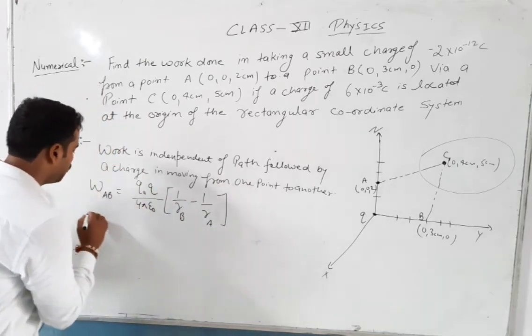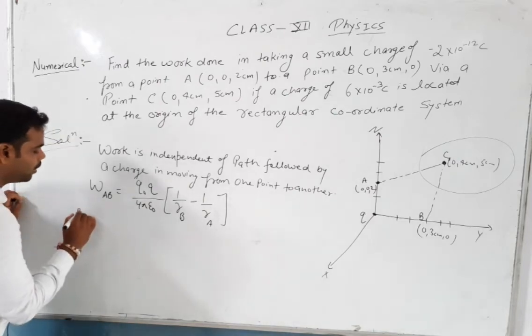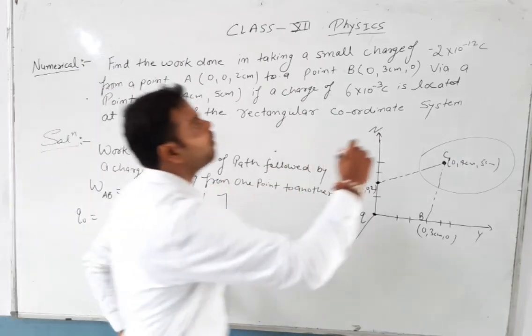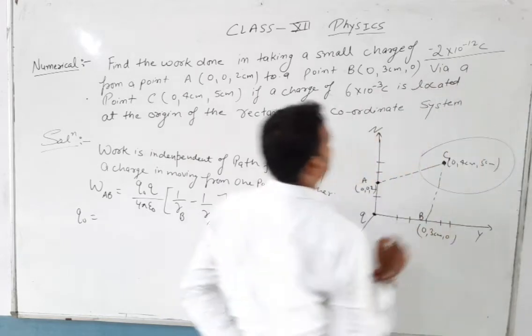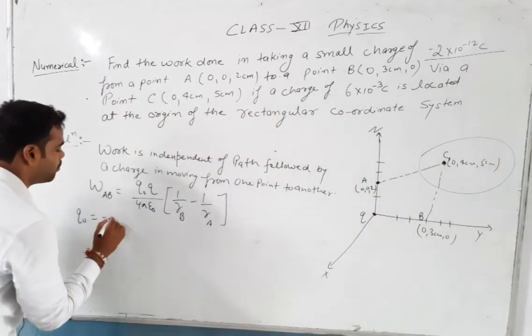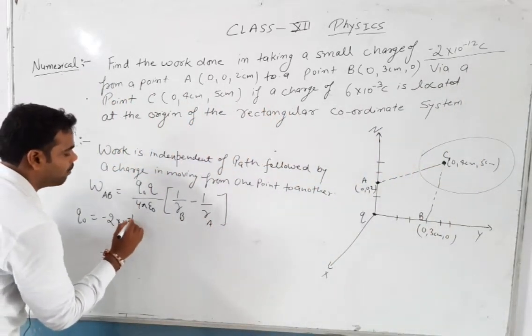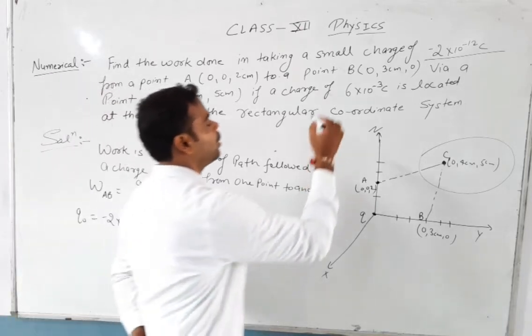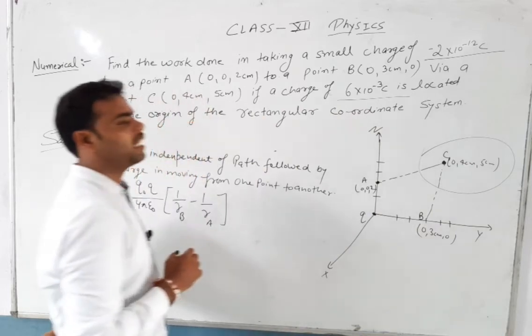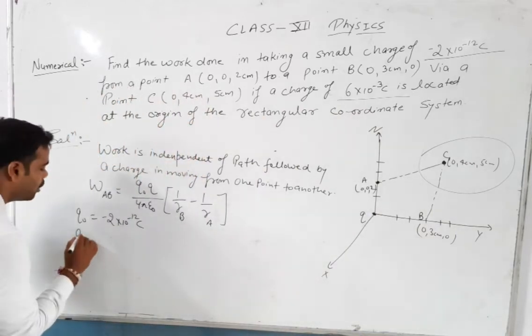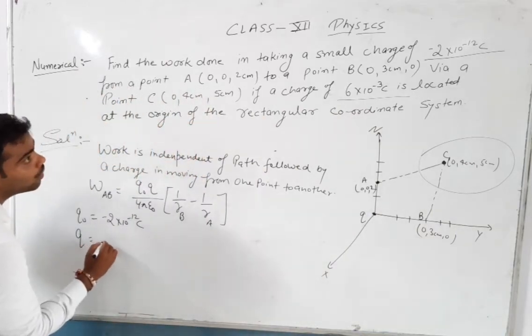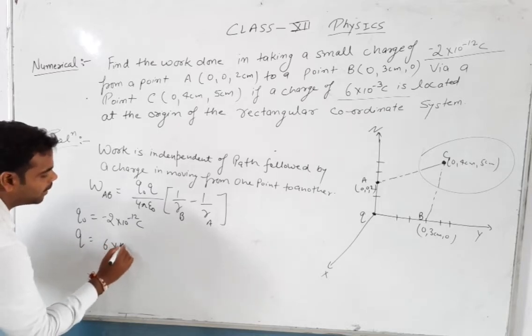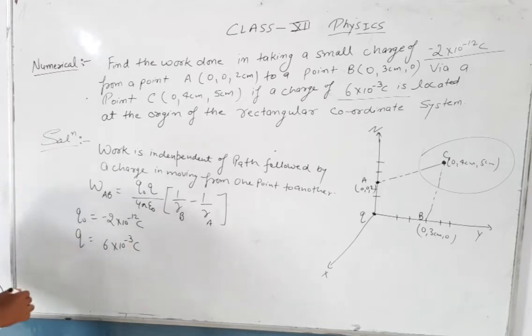So Q naught is given as -2 multiplied by 10 raised to power -12 coulomb, and the value of Q is given to you as 6 multiplied by 10 raised to power -3 coulomb.